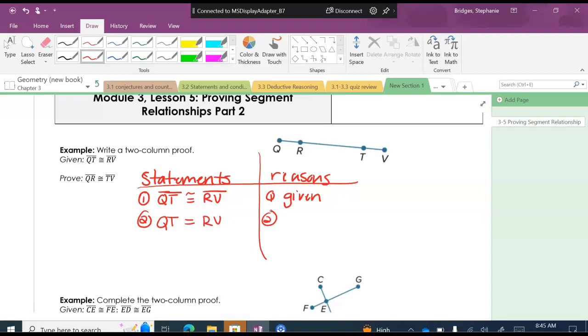Look back at your notes yesterday. One of the definitions says if I tell you two things are congruent, then I can say that they're equal because of the definition of congruence. So the definition, and again, I'm going to abbreviate here, just because we are going to do a lot of writing. Anytime I see the word congruence, I'm putting a symbol.